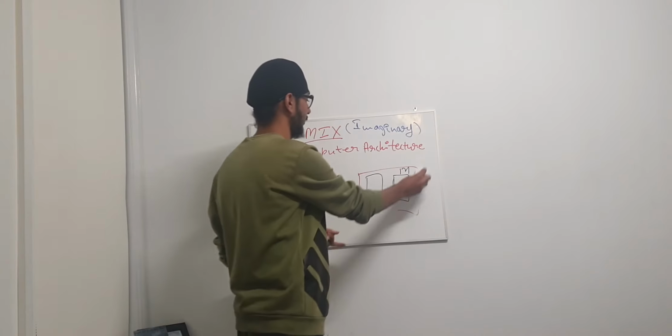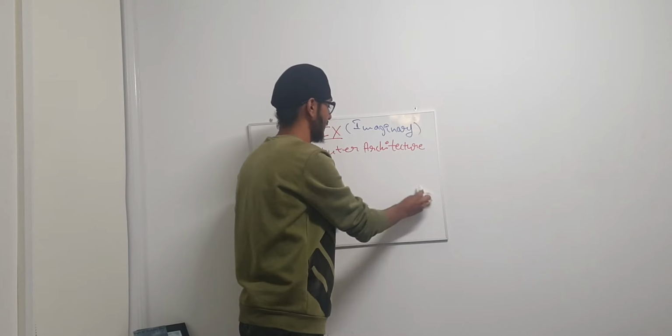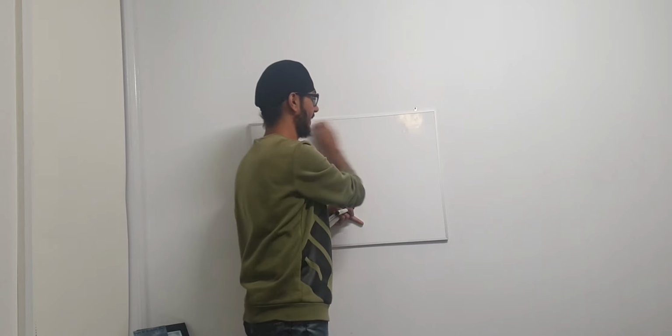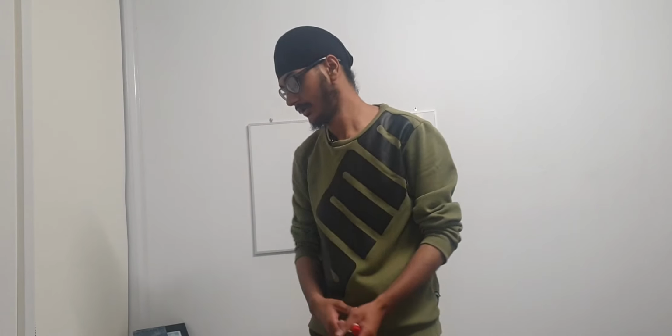Firstly we're going to discuss P, the processor: how many registers our processor has, and how it fetches instructions from the memory to execute a program. So let's discuss the processor first.